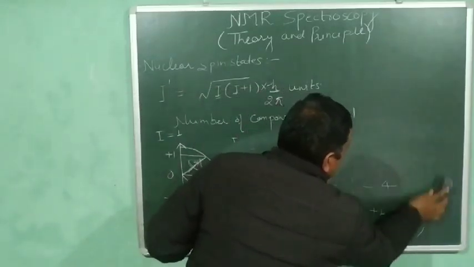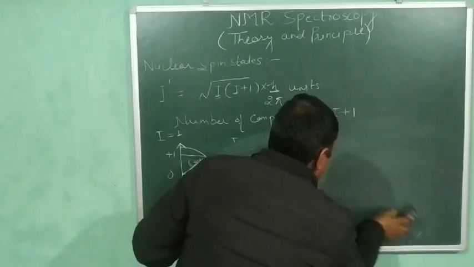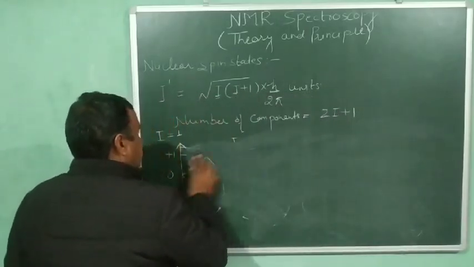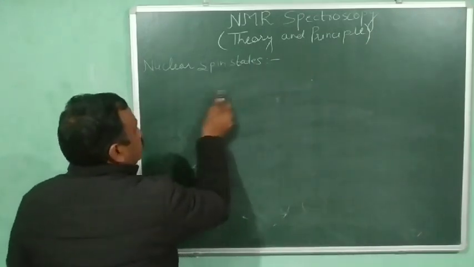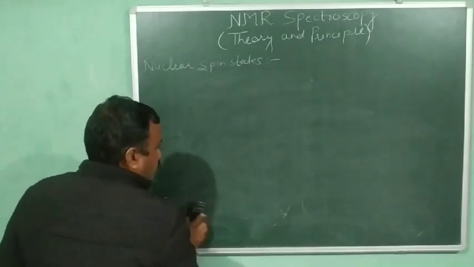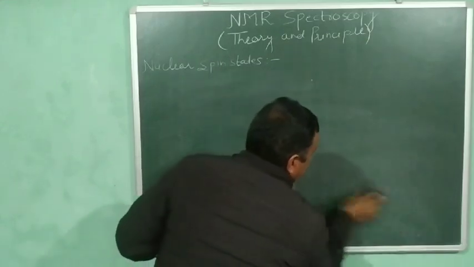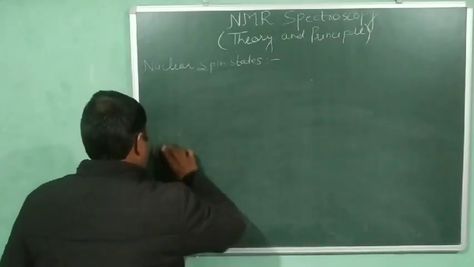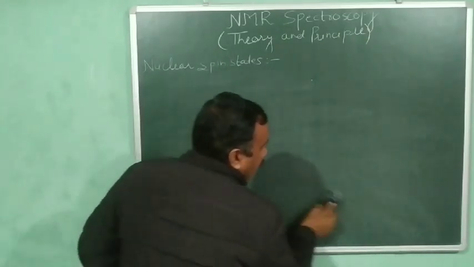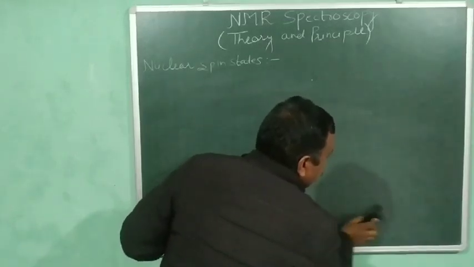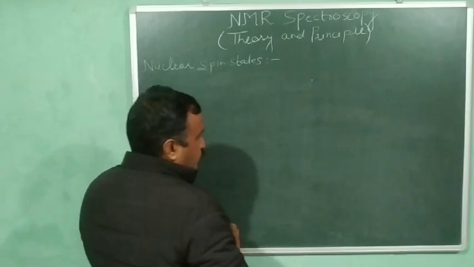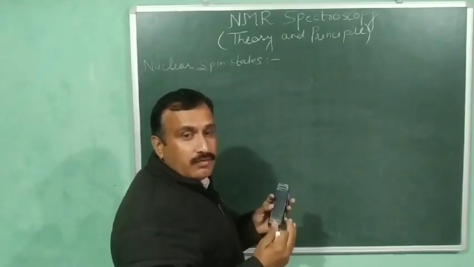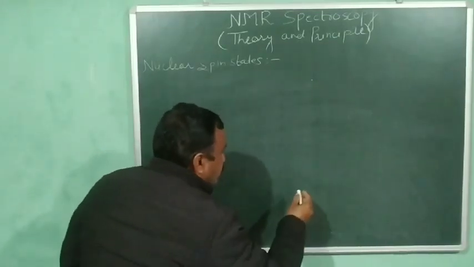Okay, so as I said, I am taking the example of the hydrogen nucleus, and the hydrogen nucleus contains only one proton, and this hydrogen nucleus will behave as a magnet or tiny magnet, because as I said, a charged particle behaves as a tiny magnet.